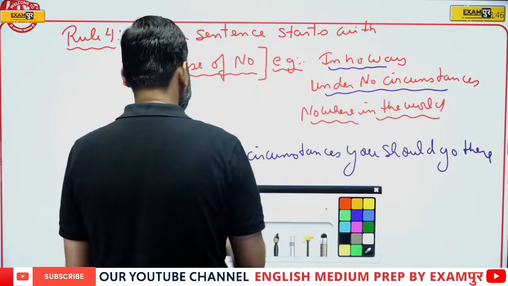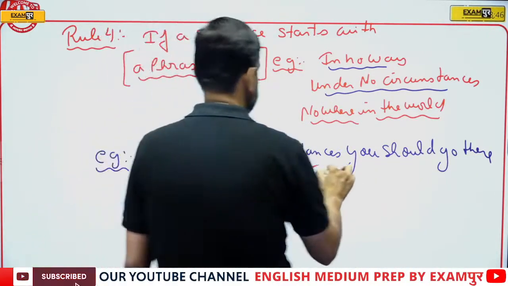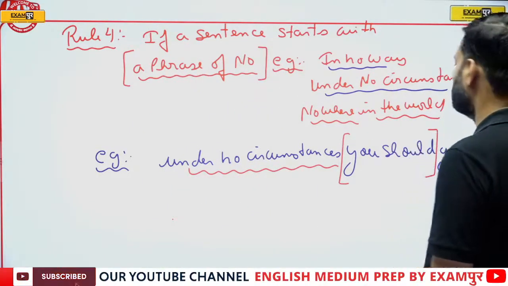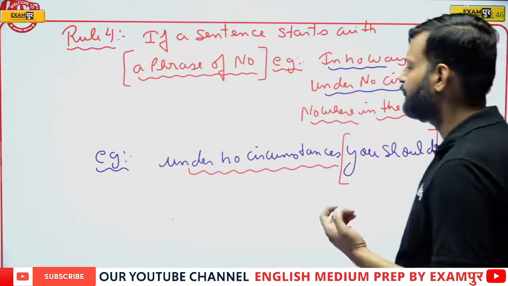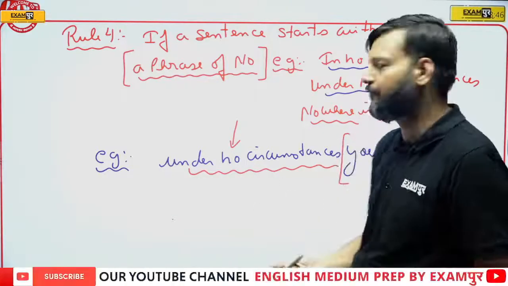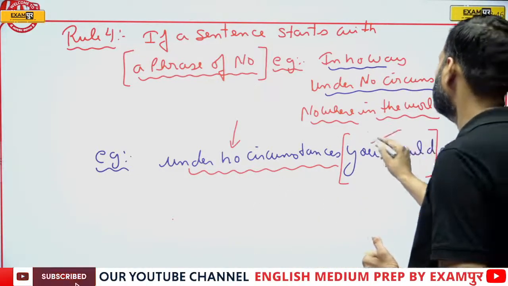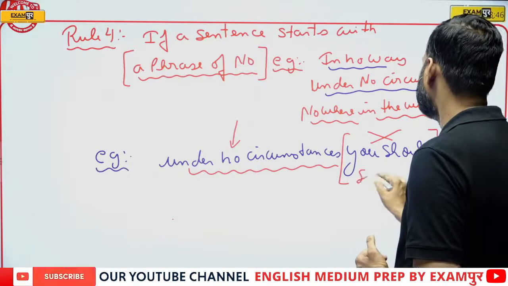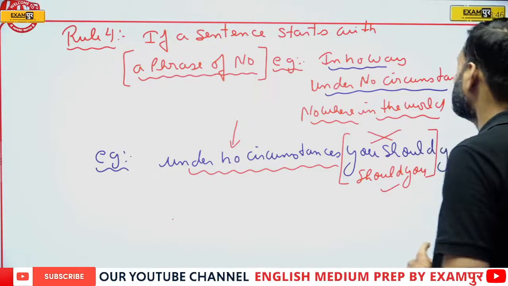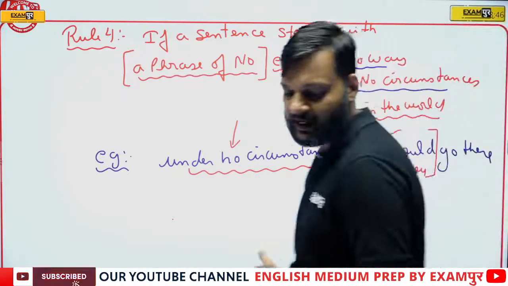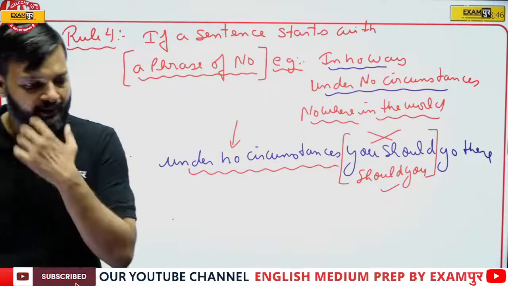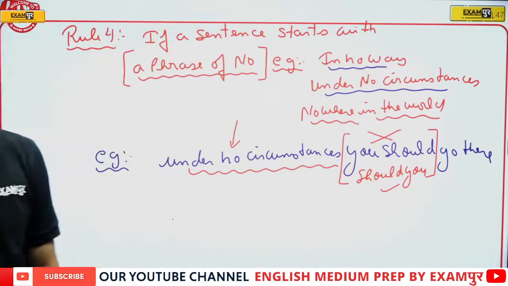Here the sentence starts with the phrase of no, so the verb inverts. In place of you should, which is wrong, we should write should you. Should you is correct. So whenever a sentence starts with a phrase of no, the verb inverts. Clear?